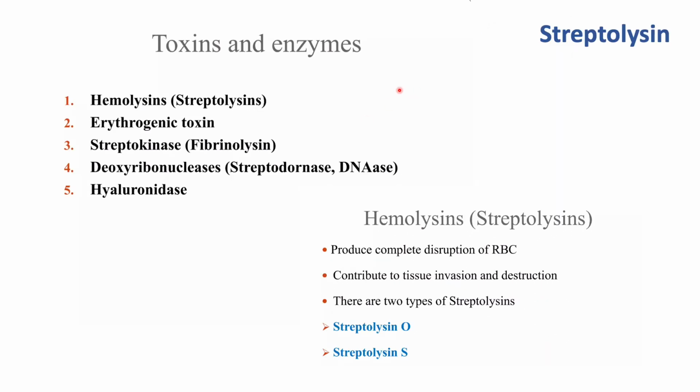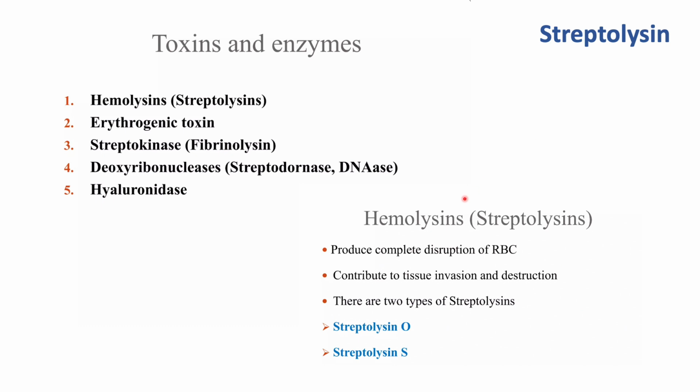Streptococcus pyogenes produce different toxins, which are hemolysins or streptolysins, erythrogenic toxins, streptokinases or fibrinolysins, and deoxyribonucleases and hyaluronidase. Let's now just look into hemolysins.